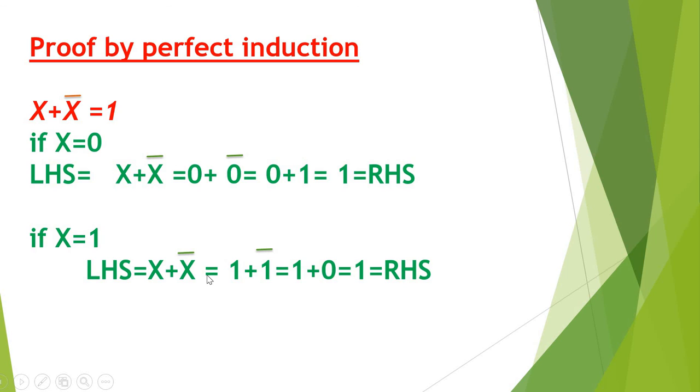That is x plus x bar is equal to 1 plus 1 bar. What is the value of 1 bar? 0. So 1 plus 1 bar is equal to 1 plus 0. That is equal to 1. That is equal to RHS. So we got LHS is equal to RHS. So x plus x bar is equal to 1.